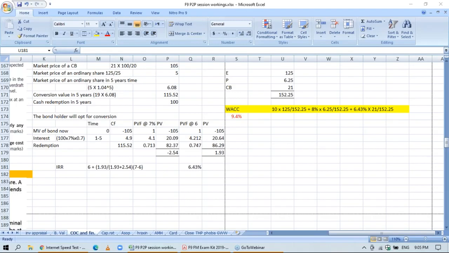So first I divided the 20 million by the face value 100. So I got the number of bonds, and then I multiplied by 21 million. One convertible bond should be quoted in the market at higher than its face value, no? That's why the market value is higher.